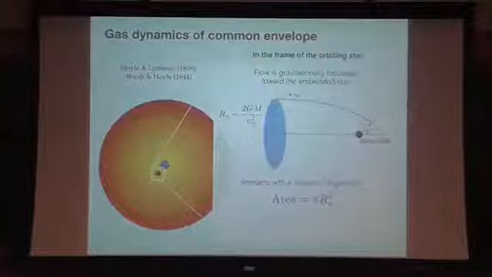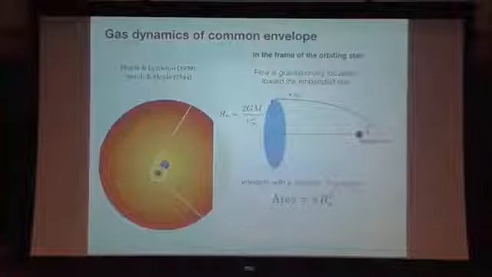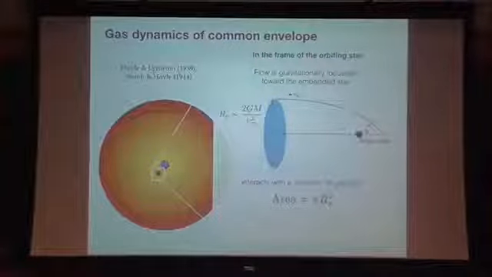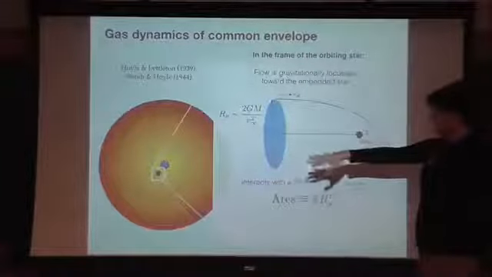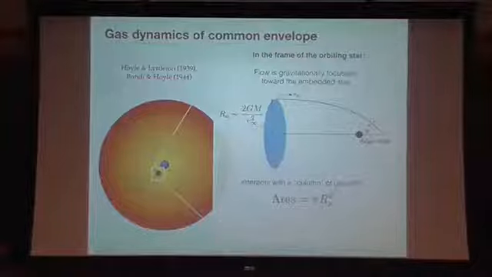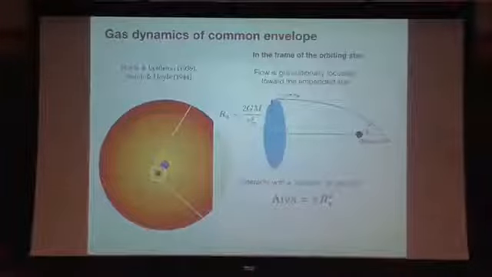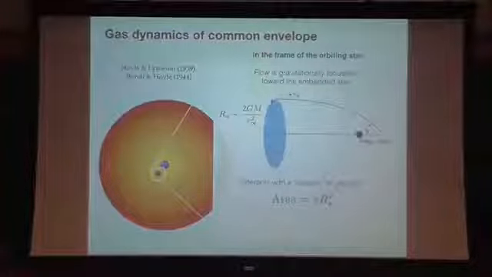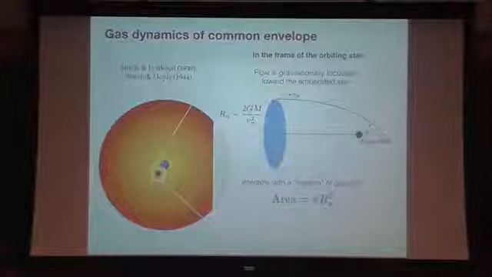And this is the theory that people have used to understand this in-spiral. It's probably supersonic flows through the envelope, and I'll come back to that later. But that just tells you that the ballistic trajectory of the gas is more important than pressure.